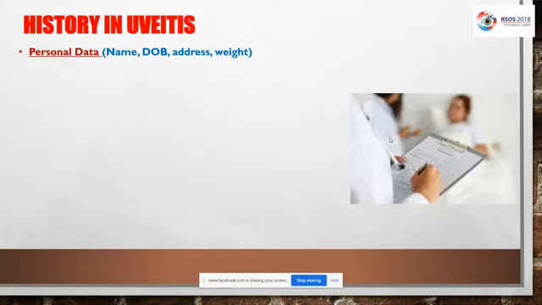In those patients with suspected ocular lymphoma, for example, the main group is elderly people over 70 years old, and so on. So the personal data of the patient is important for giving you some clues in the diagnosis of uveitis.